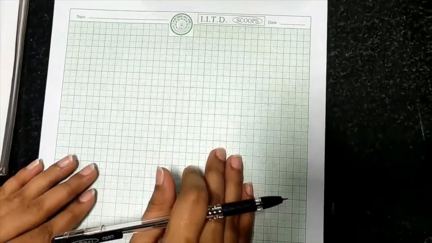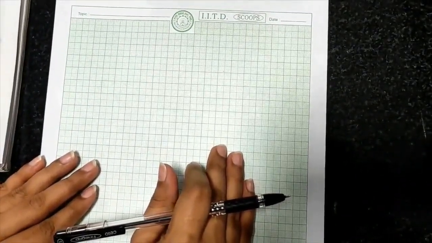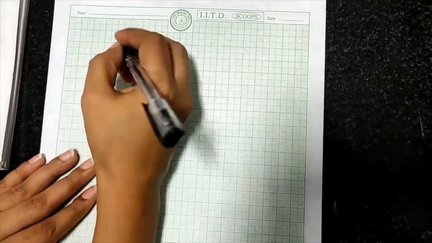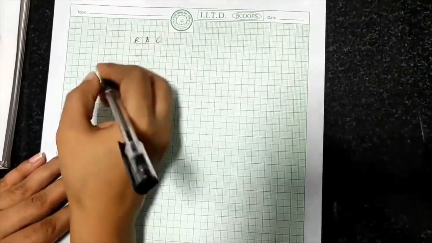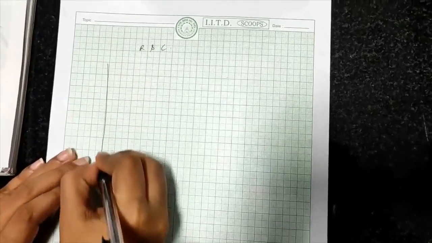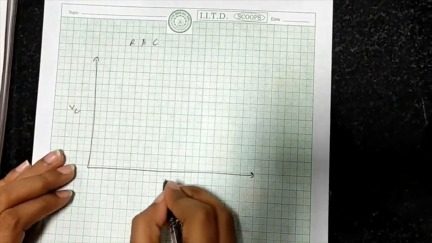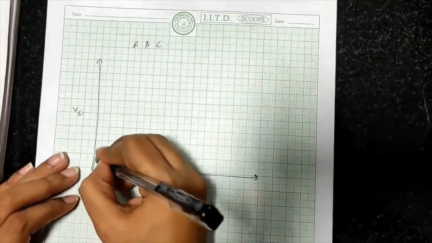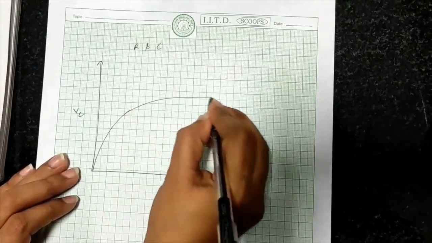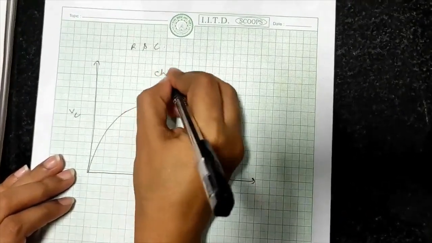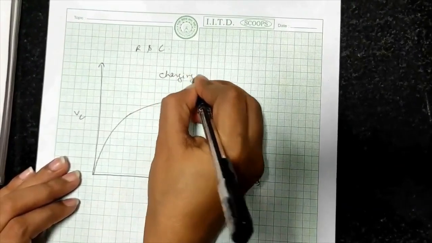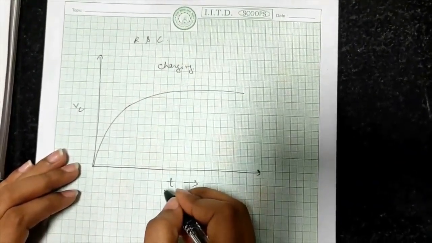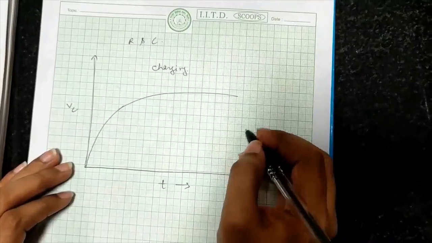I'm giving you the rough idea of how to calculate the first part of the experiment. For a given R and C value, the VC versus time graph will look like this. And this is for the charging. To calculate the time constant graphically, we have to observe half of the value of V0.